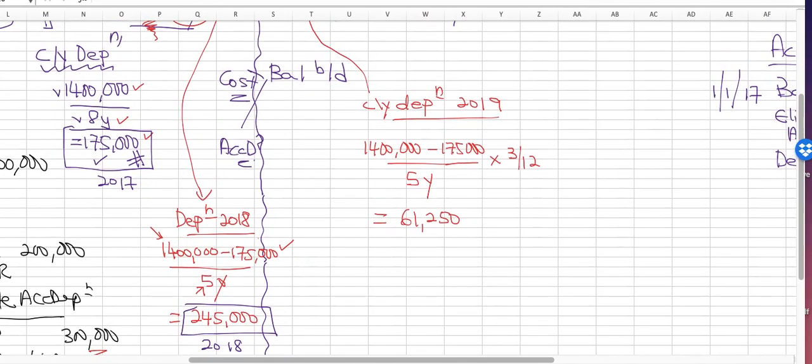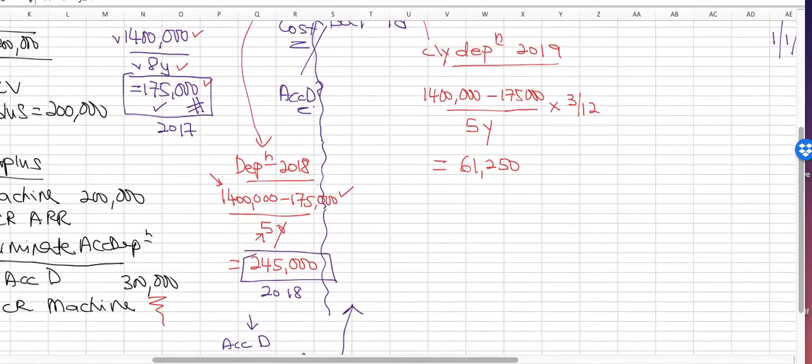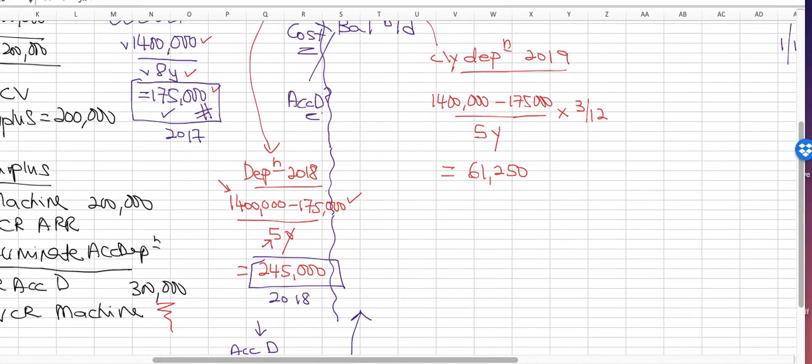Okay. Don't get confused. Don't say that this is reducing balance. This is not about reducing balance. About reducing balance, I understand it is cost less accumulated depreciation. This one, why do we deduct? Like I said just now, because down here is a remaining. When it is a remaining, up here cannot be the original. The original is 1.4. To get the remaining means it is a carrying value.